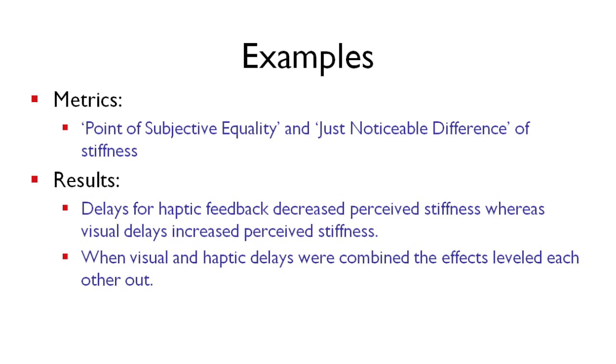So the metrics were what they call the point of subjective equality, or just noticeable difference of stiffness. You know, that's a classic psychology-based measurement. Just imagine you go into the shop and you want to buy melons, and you get two different ones, and they are charged not by the kilo but by the piece. So what you basically want is to get the biggest one, don't you?